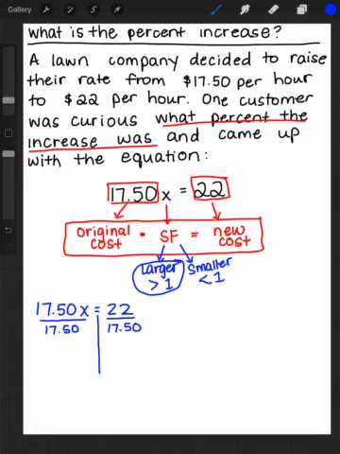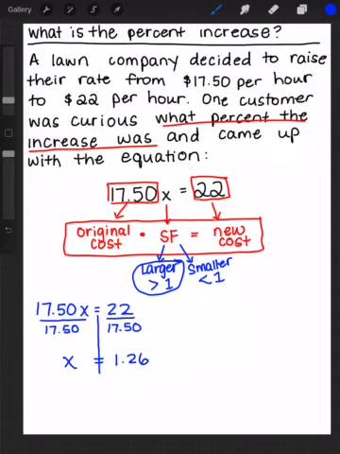Top divided by bottom, 22 divided by 17.50, and I get approximately 1.26. So x = 1.26.